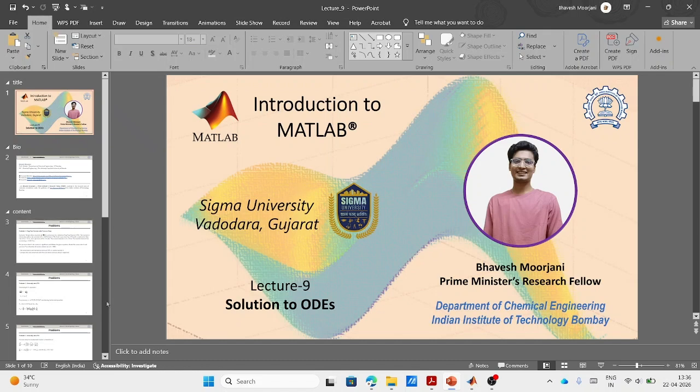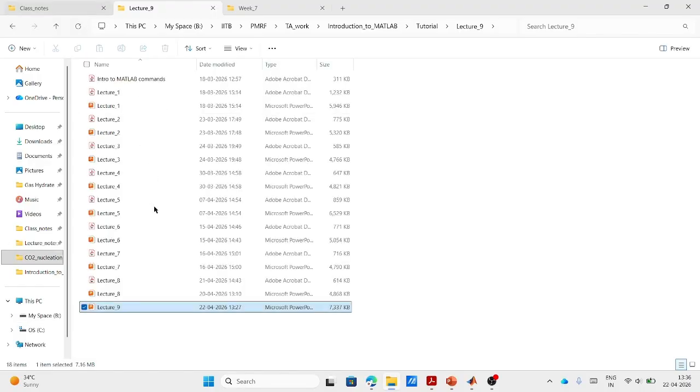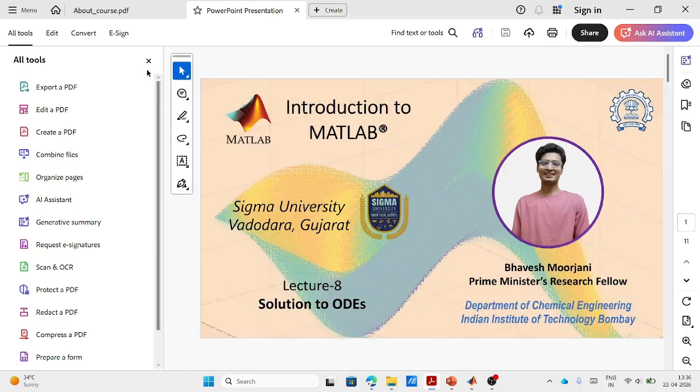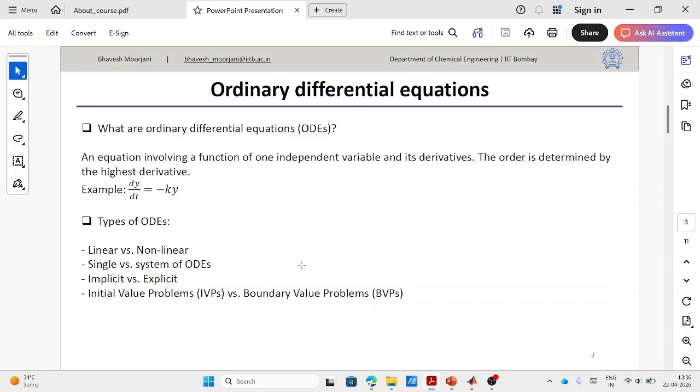So in the previous lecture, what we learned was what the different ordinary differential equations are and how we can find the solution to these ordinary differential equations with the help of MATLAB programming, right?